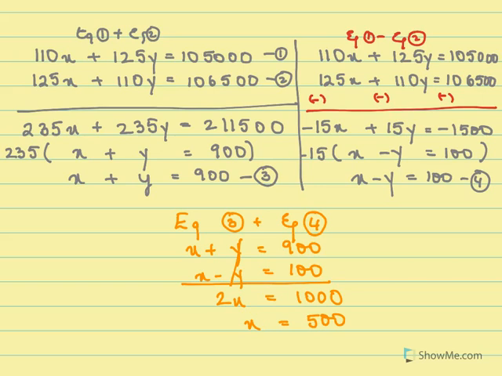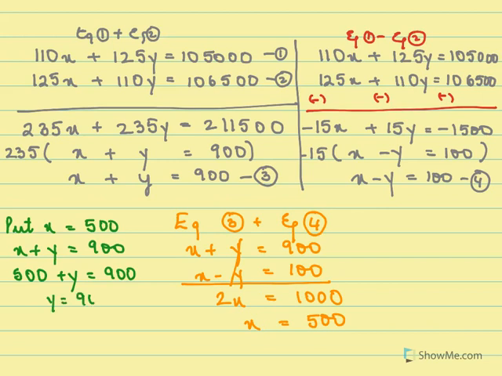Now to find the value of y, all I need is to substitute. So put x equal to 500 in x plus y equal to 900. So x is 500 plus y equal to 900. So y equal to 900 minus 500. So y equal to 400, which is the cost of the chair, and this was the cost of the table.